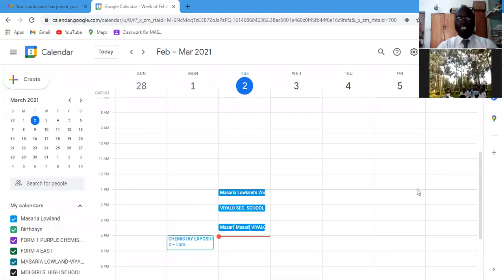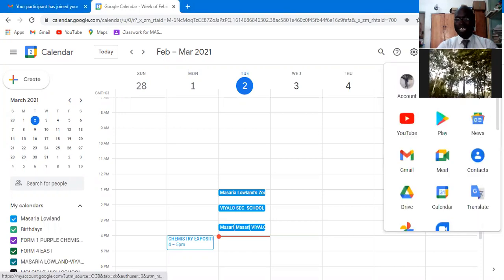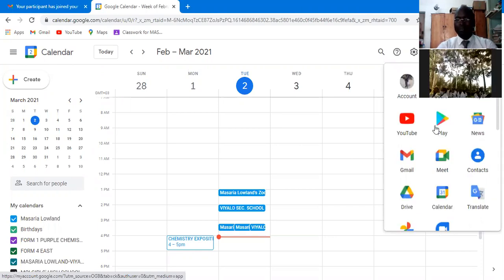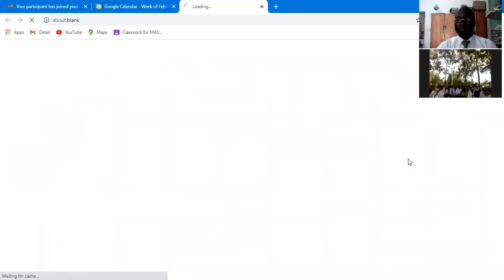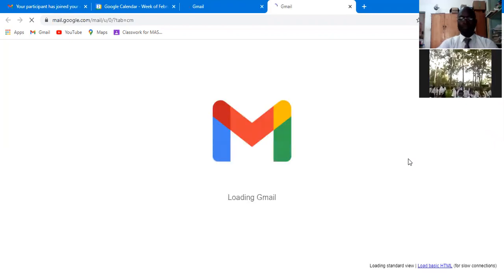What are you seeing on my screen right now? You can see Google Calendar. Yes. Very good. So I want to play some video so that the learners can watch. So it is taking some time to load.